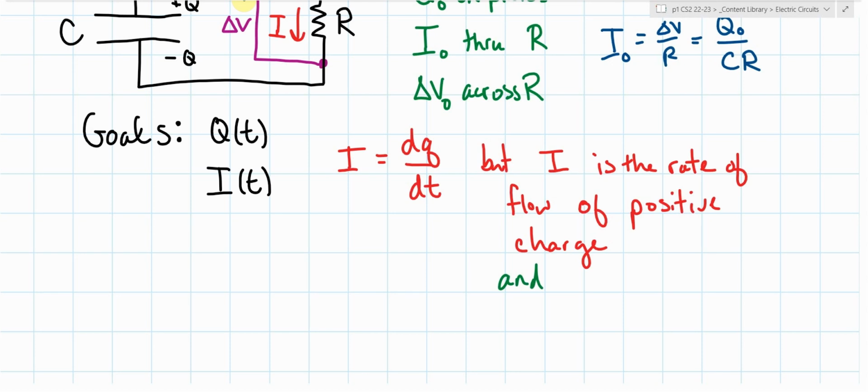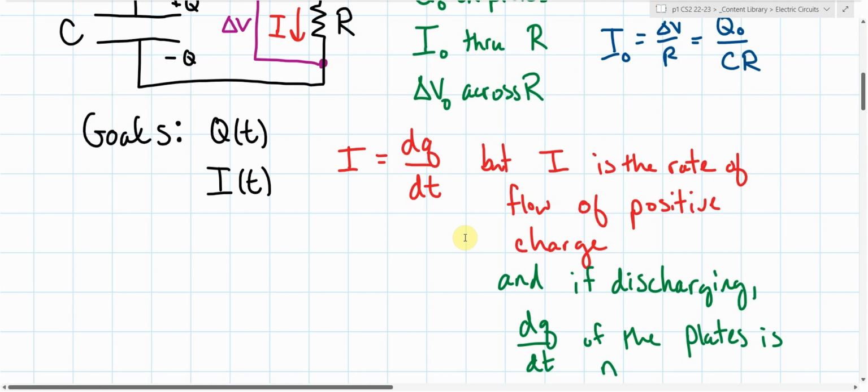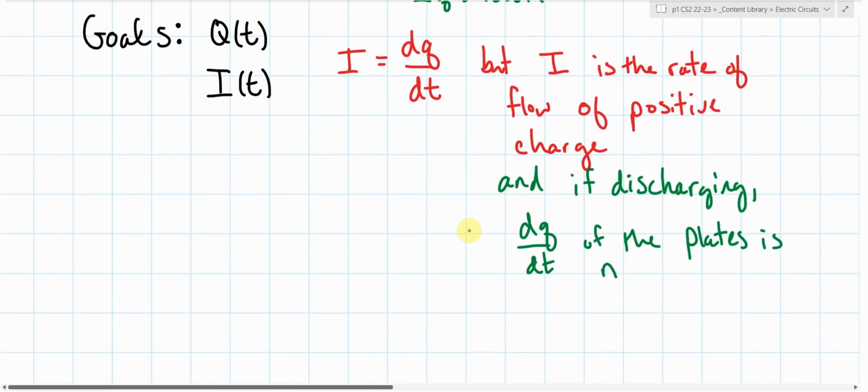I is the rate of flow of positive charge, and if discharging, which we're talking about, dq dt of the plates is negative. Let me scroll a little more. There we go.